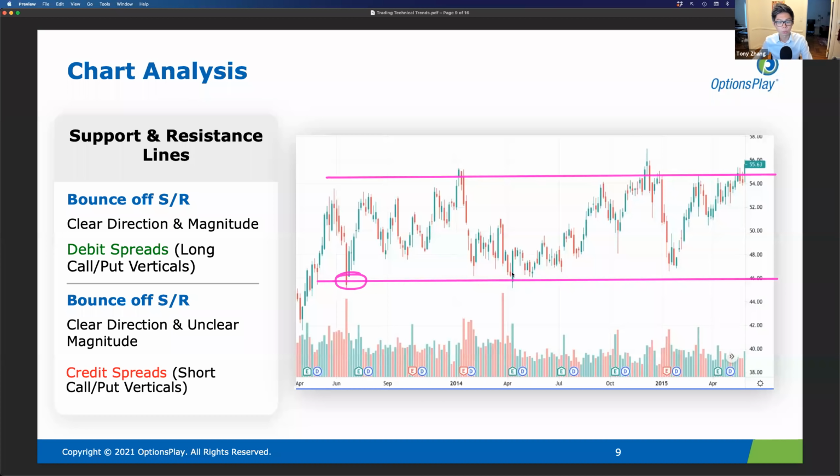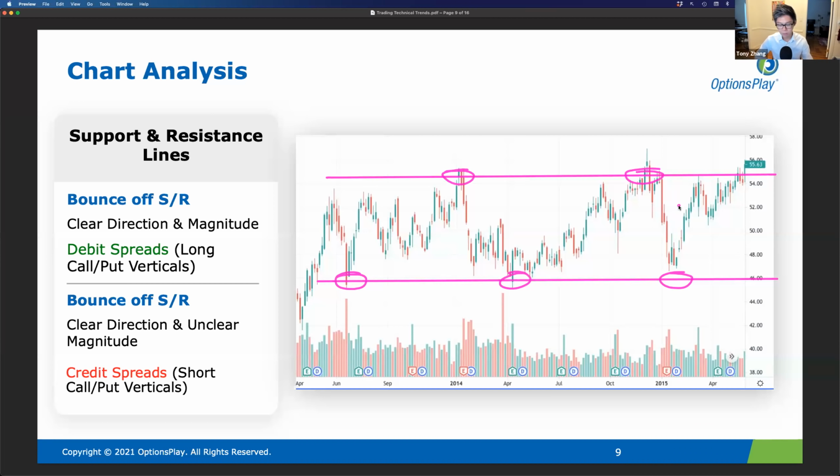General areas of support, meaning general areas where the stock tends to fall and reverse higher, or reach and reverse lower. This is what we call horizontal support and resistance lines. This is the first thing you want to learn when you're starting out in technical analysis and charting, because this is going to be the most powerful tool in your toolbox when it comes to charting: looking at and reading price action.